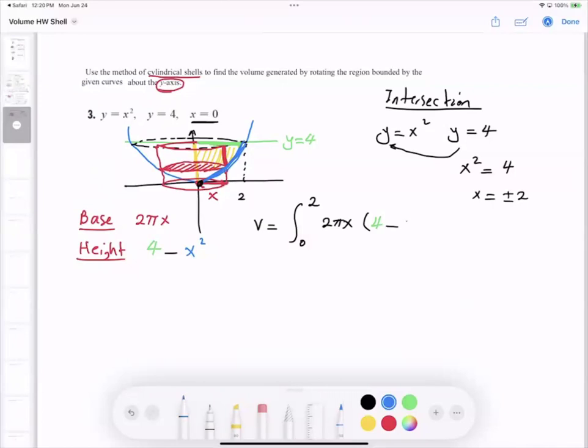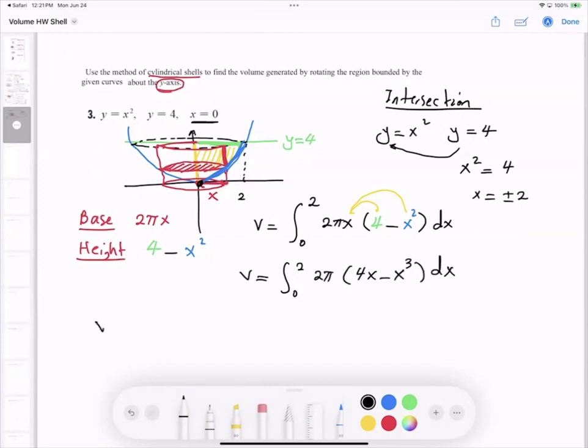And the rest should be very easy for you. You distribute x into the parentheses and then calculate this definite integral. So distribute this x into the parentheses, and this is equal to the integral from 0 to 2 of 2 pi times 4x minus x cubed dx.